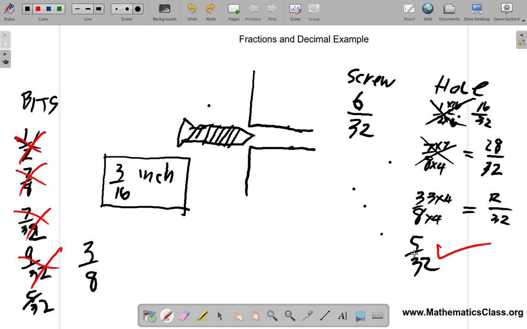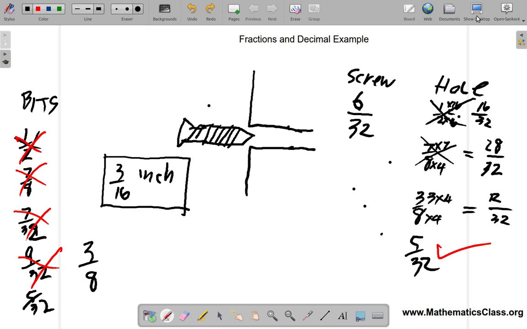How would you be able to tell which metric drill bit you should select if you want a 5/32 inch drill bit, right? But none is available at the hardware.